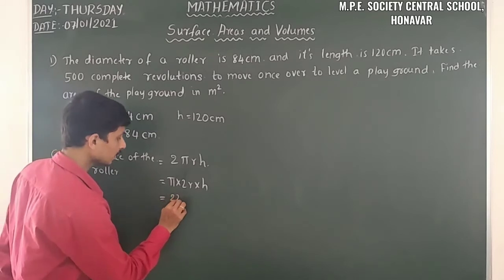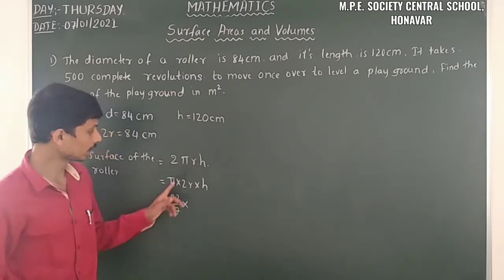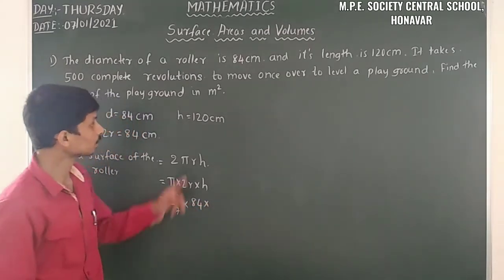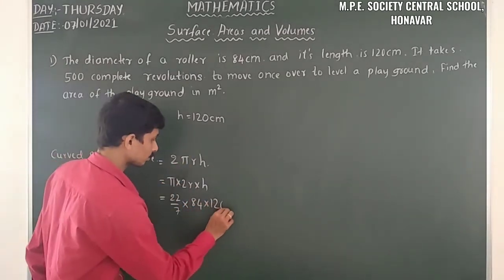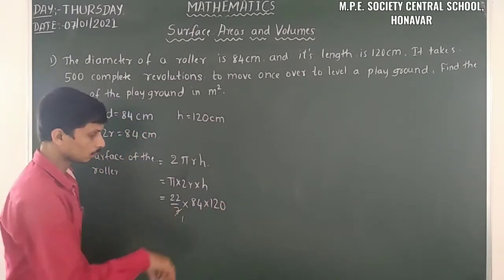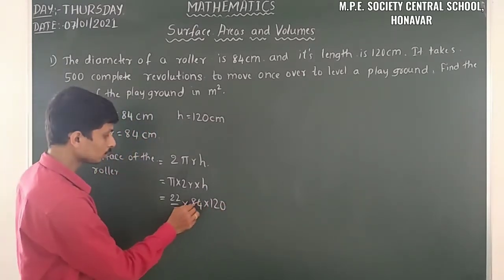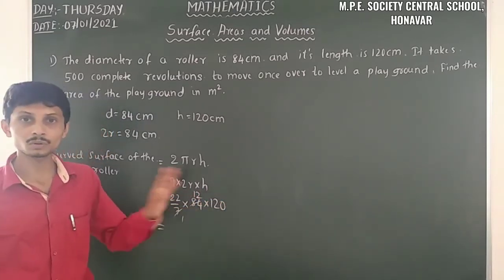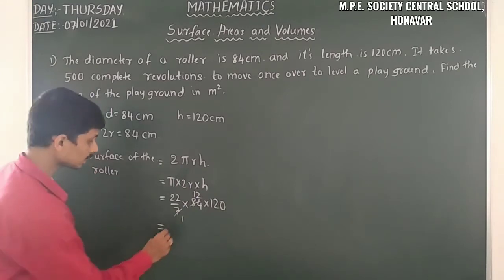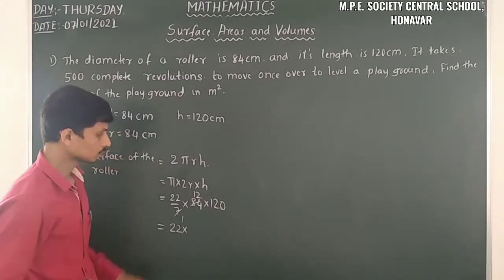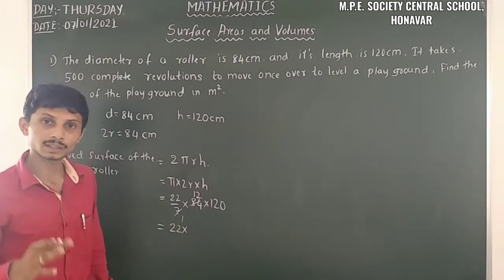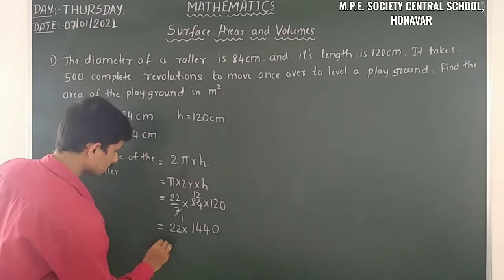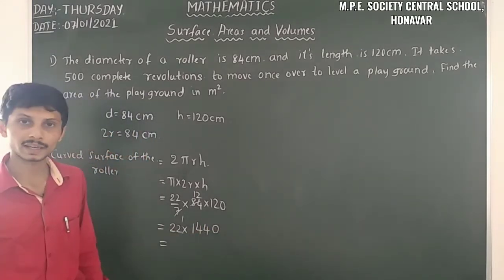It is 22 by 7 into the value of 2r, which is 84, into the value of h, which is 120. Yes. So here 7 into 1 and 7 into 12. So 22 into 12 into 120, that is 22 into 1440.